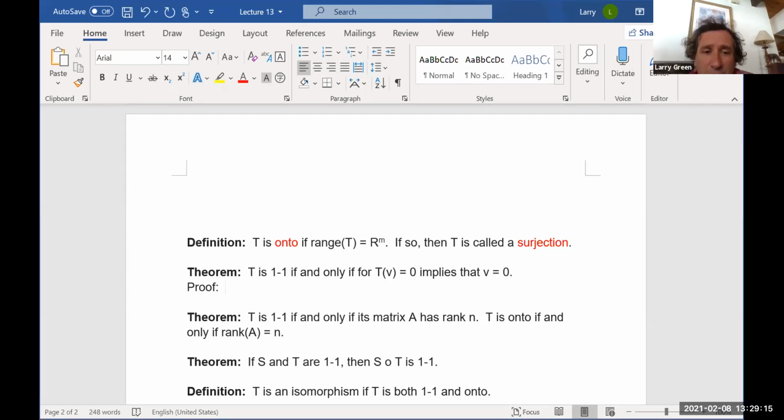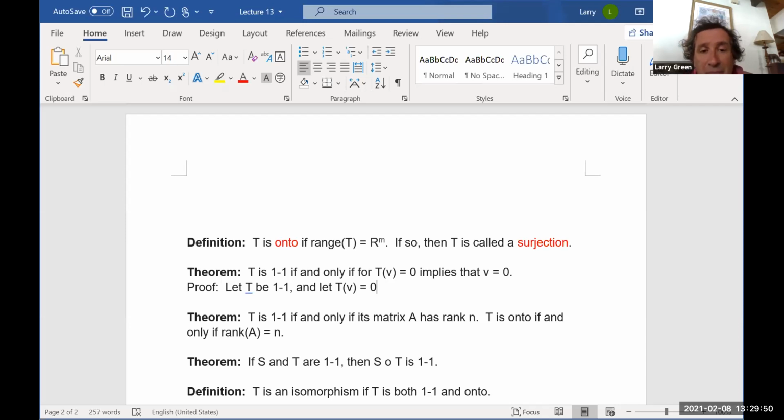All right, so we want to prove this. So first thing, maybe let T be 1-to-1 because it's a proof, and let T of V equal 0.